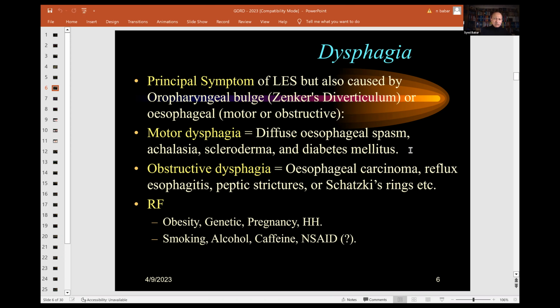But dysphagia could also be caused by abnormalities of motor innervation or due to objective obstruction.